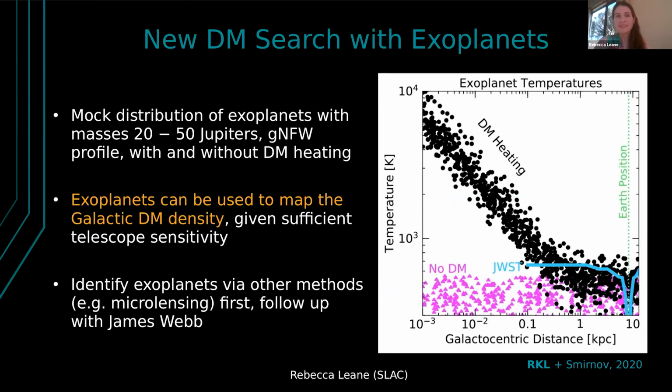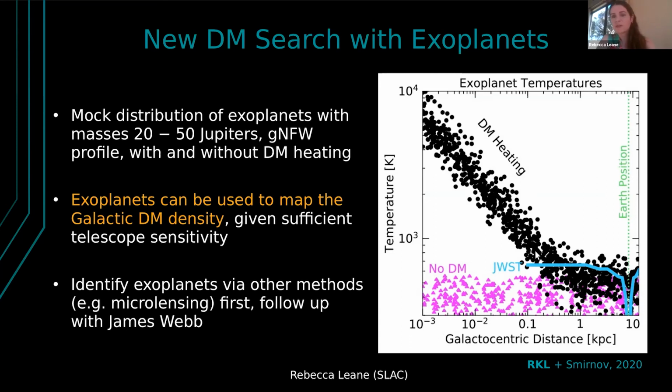So we deliberately want to use these different candidates in these different circumstances. This overall gives us a new dark matter search with exoplanets. This figure is showing you a mock distribution of exoplanets with arbitrary 20 to 50 Jupiter masses. Again, the x-axis is just distance towards the center of the galaxy. The y-axis is the temperature of the exoplanets.